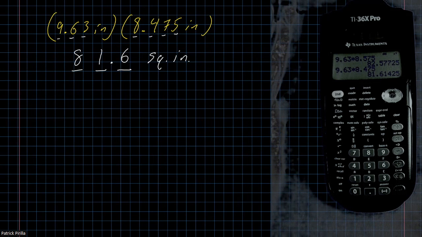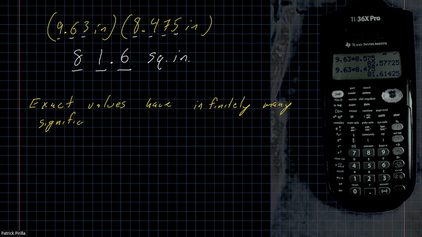Just like with the precision rule, with the accuracy rule, if you have an exact value, then we can assume that it has infinitely many significant digits.